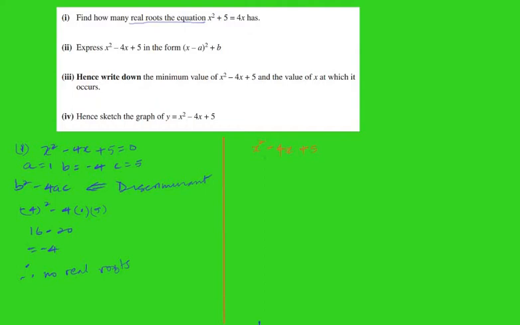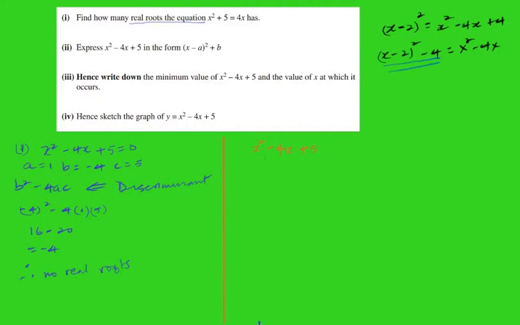This means that x minus 2 all squared is equal to x squared minus 4x plus 4. So x minus 2 all squared minus 4 is equal to x squared minus 4x. So I'm going to replace x squared minus 4x by this portion here, right?